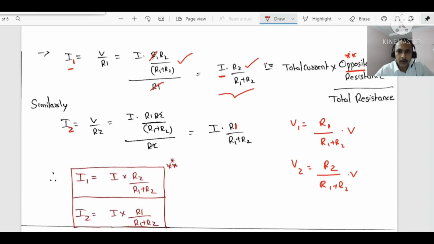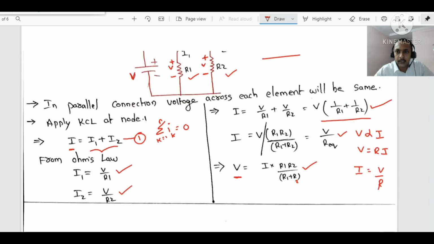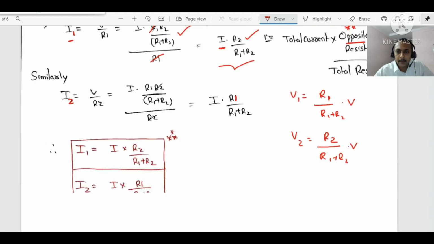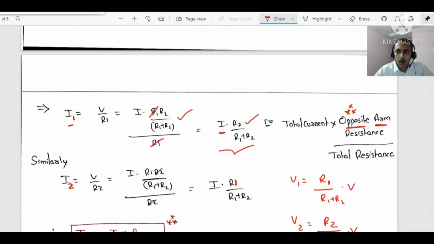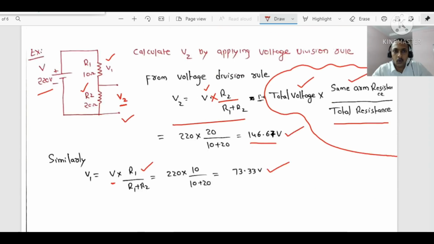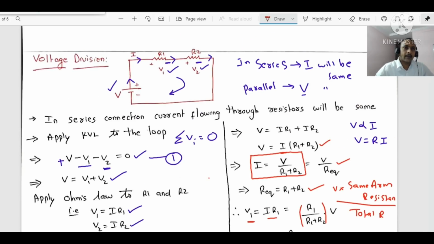Or simply to say, V1 equals total voltage into same resistance divided by total resistance. If it is current division, total current into opposite arm resistance divided by total resistance. These two techniques are very helpful for you to solve so many problems. Right? Okay students, thank you.